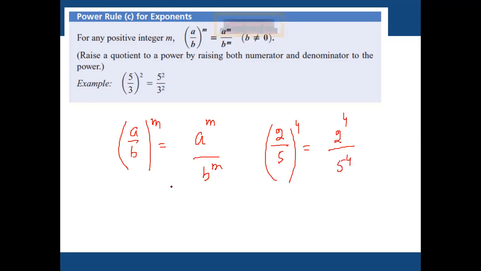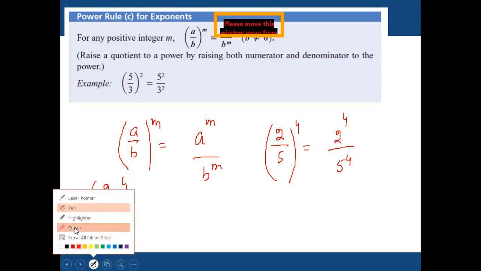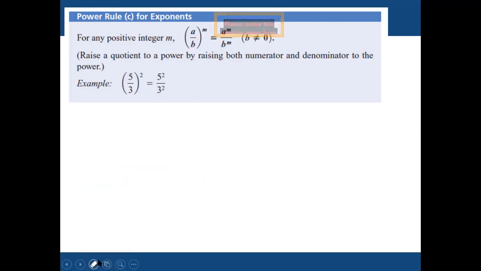This rule is for when the bases are not the same, like 2 and 5 here. But if the bases are the same, for example 4 divided by 4 power 2, then you can simplify.